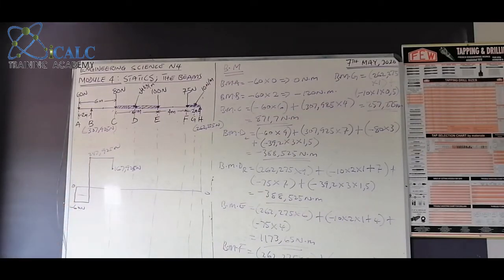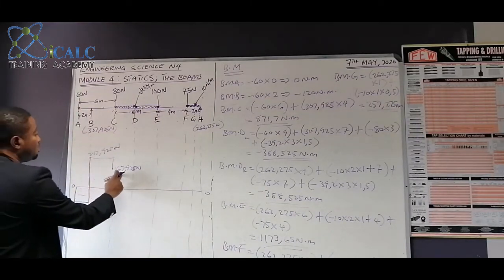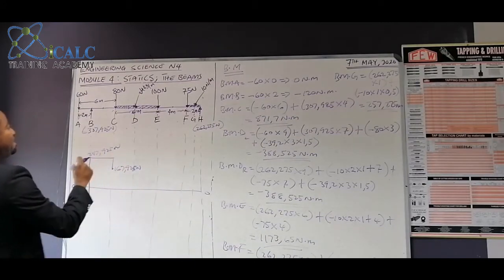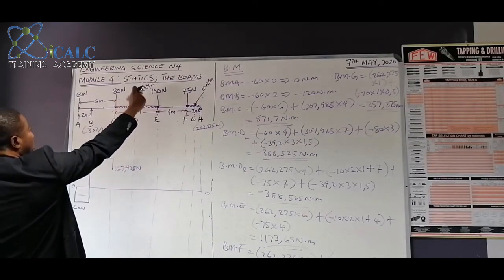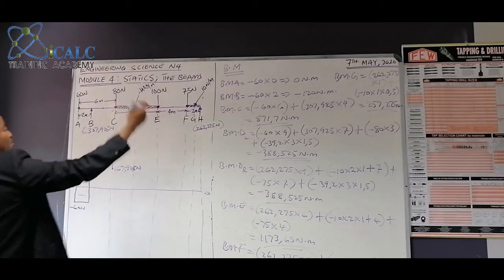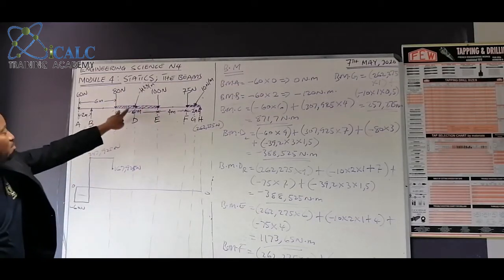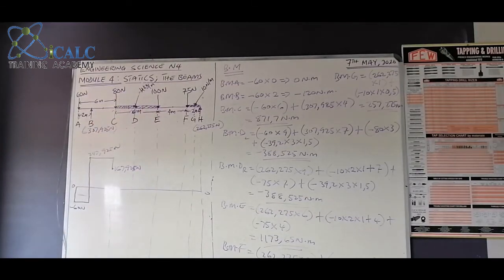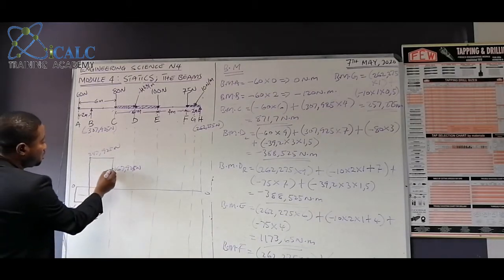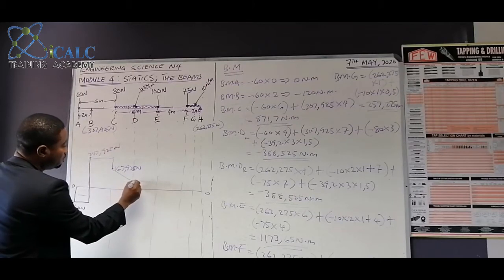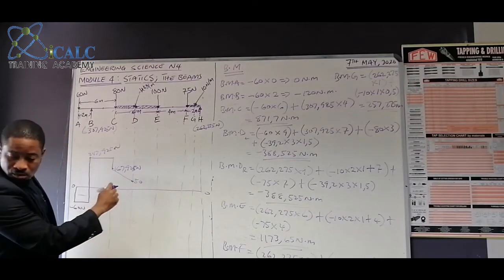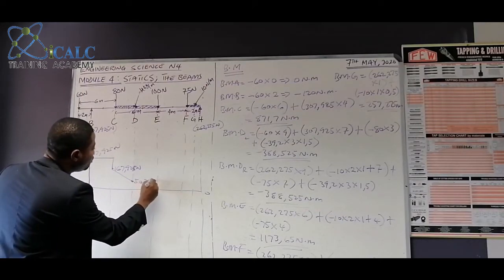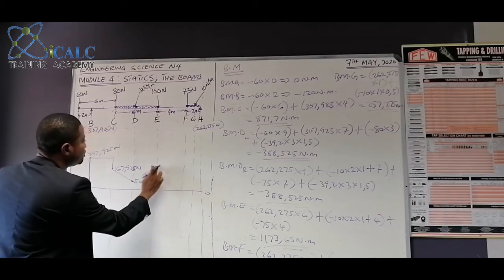Okay, and then we have our UDL. There we will slant down. So 167.925 minus, we will say 4 multiplied by 9.8 multiplied by the amount of distance we have there. All right, and then our value will come down to 50.325 Newton.